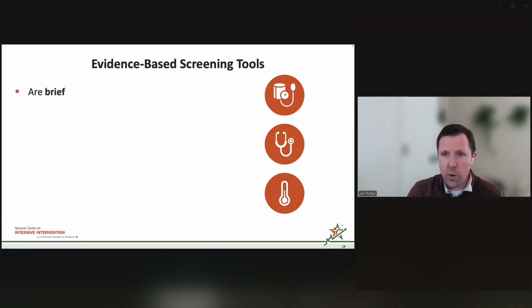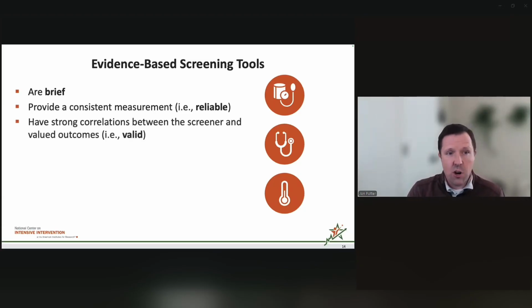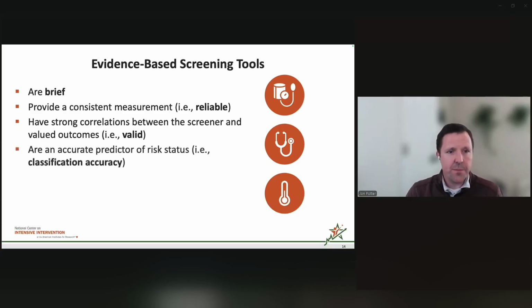They're brief and quick, they take minutes to administer, not hours. They're consistent over time, so they give you a reliable measurement over time. They have strong correlations between the scores kids get on these screeners and future reading outcomes, so kids who do well are typically on track for future reading proficiency.